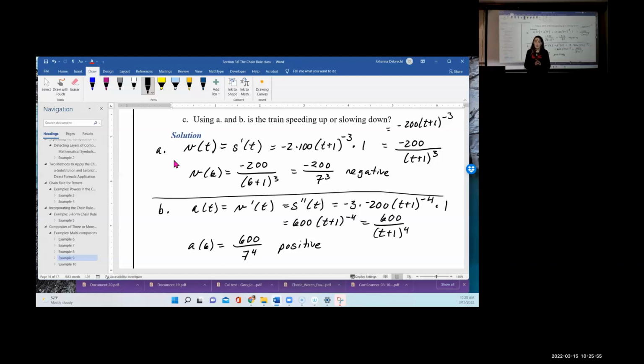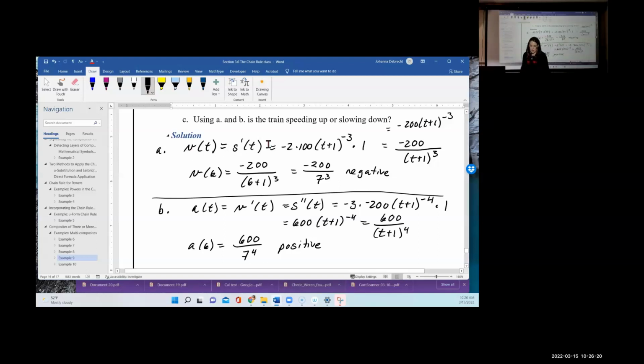That means if they're both positive or both negative, it's speeding up. The only time it's slowing down is when one of them is positive and the other one is negative. So if velocity is positive and acceleration is negative, it's slowing down. If velocity is negative and acceleration is positive, it's slowing down. When they have the same sign, it's speeding up.